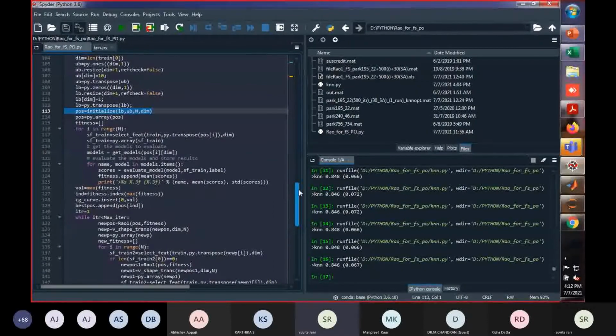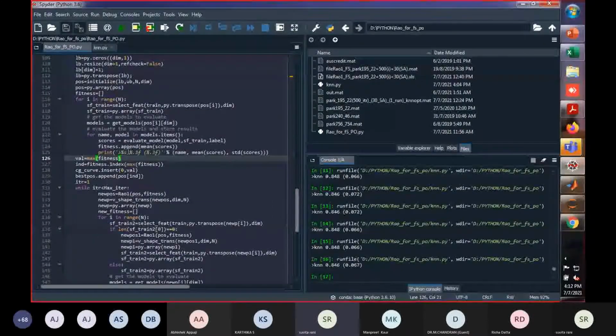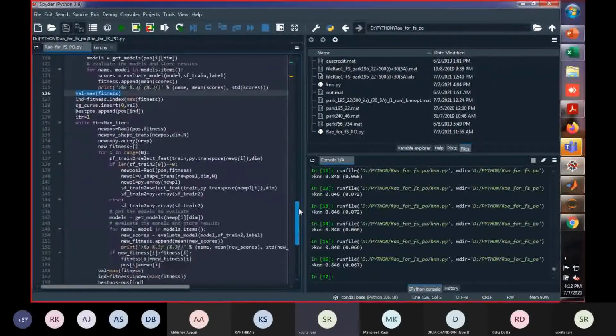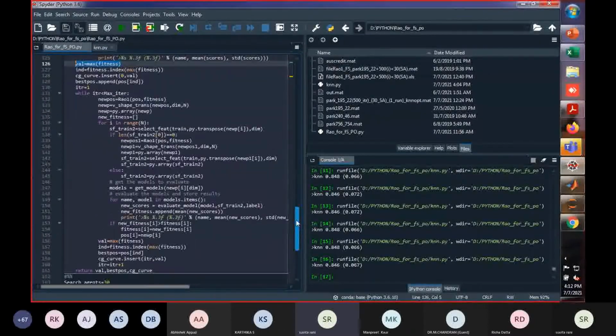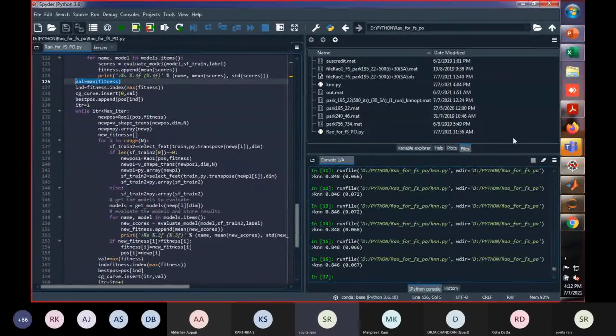And after that evaluation, we find the maximum value from the 30 search agents, because we want to improve the accuracy. And then after that, this is basically the starting phase. Then I already defined a step called stopping criteria. So here the stopping criterion is the maximum iteration, which we defined as 500 here.